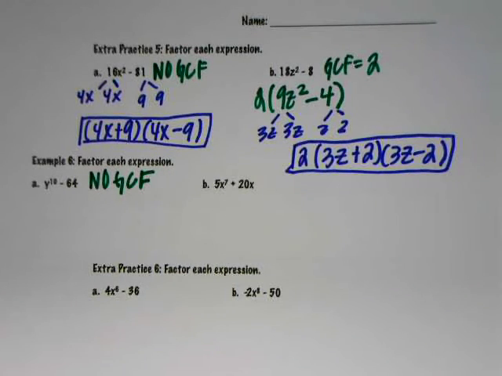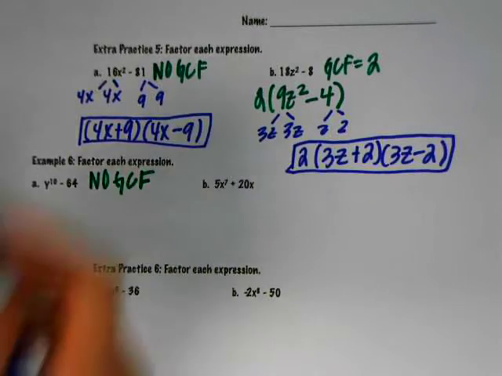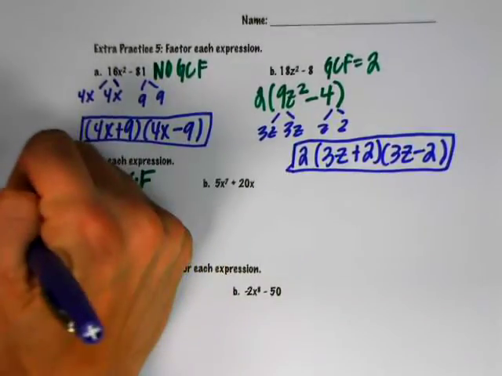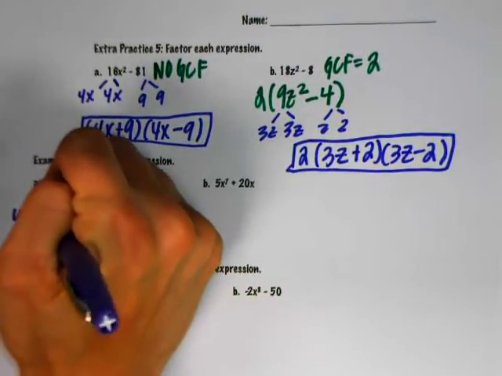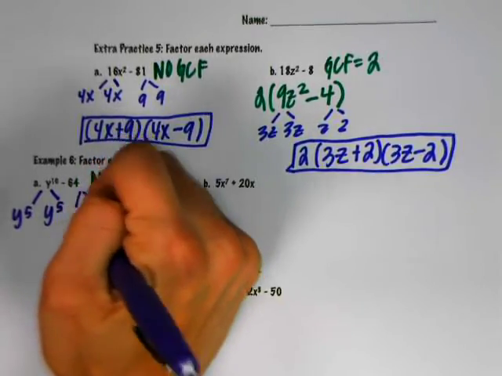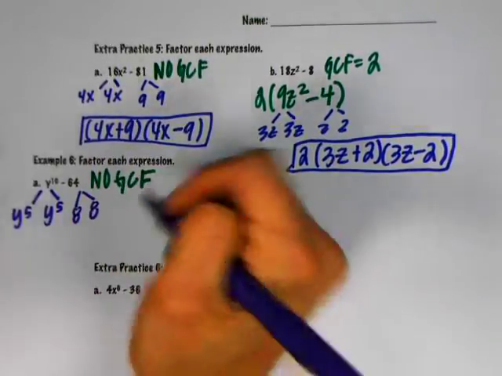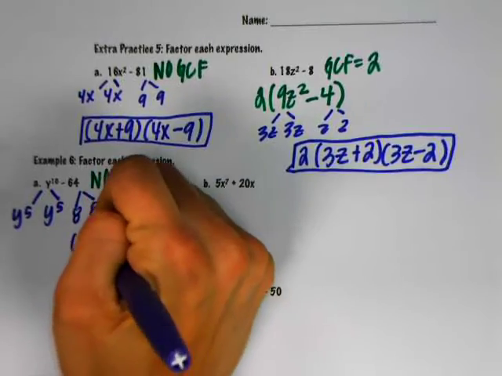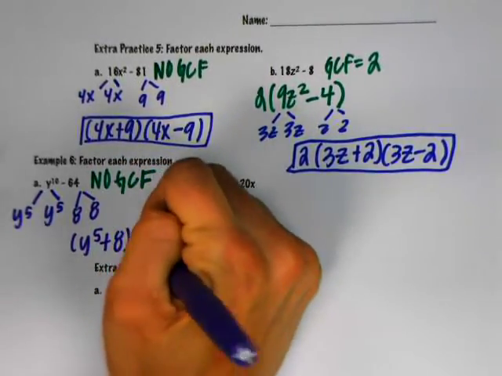Yes, okay. Is y to the 10th something times itself? Good, yes, y to the 5th. So guys, remember, what do you do with exponents when you're multiplying? You add them. And what about 64? 8. Yeah. So same thing, y to the 5th plus 8, and y to the 5th minus 8.